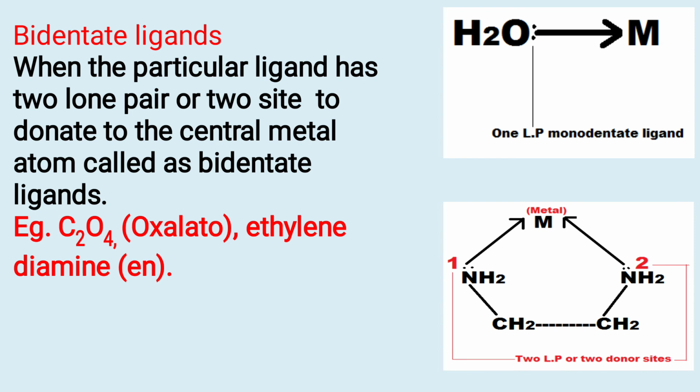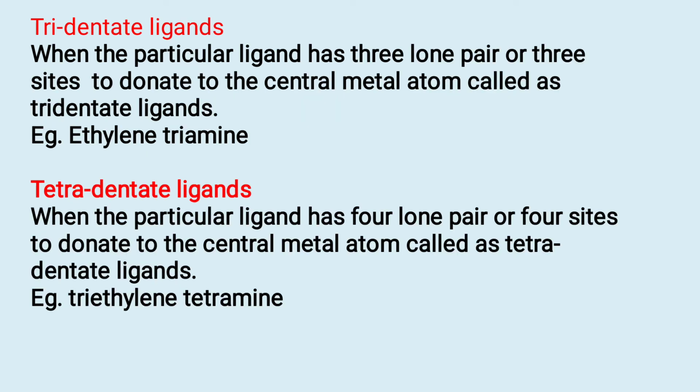This ligand is also called a chelate ligand. We are going to see what a chelate ligand is in the next session. But these two lone pairs will be donated by ethylene diamine to the central metal atom. So overall there are two lone pairs of electrons that can be donated to the metal atom. In this way, friends, there is a simple classification for the ligands.